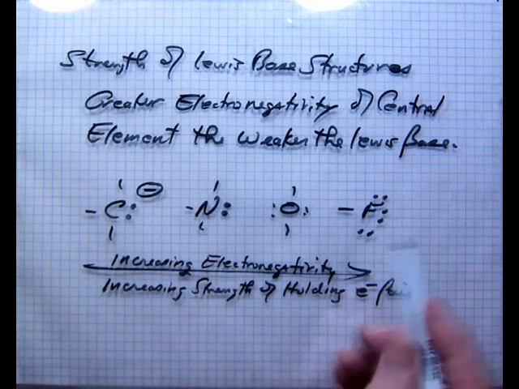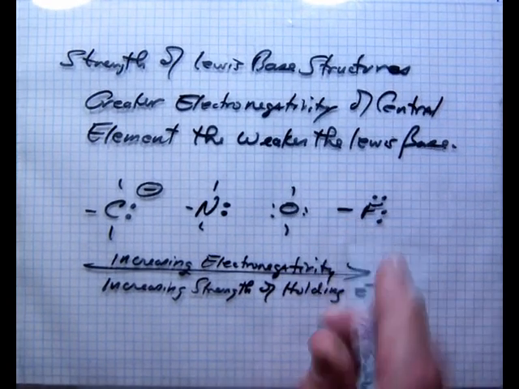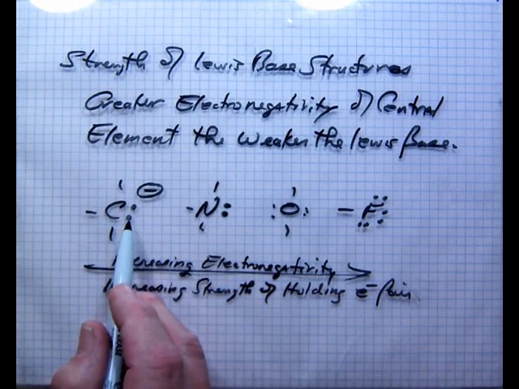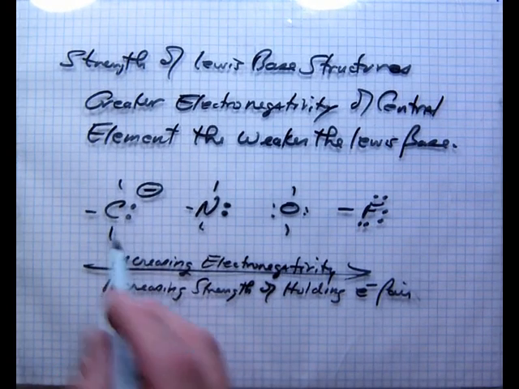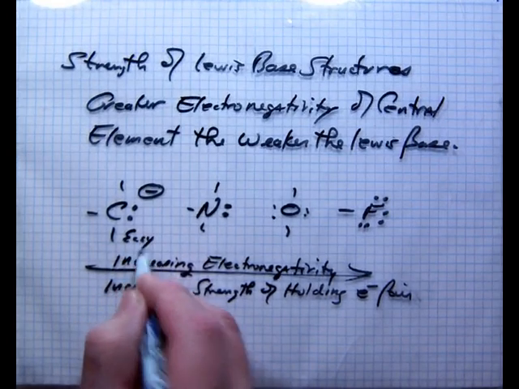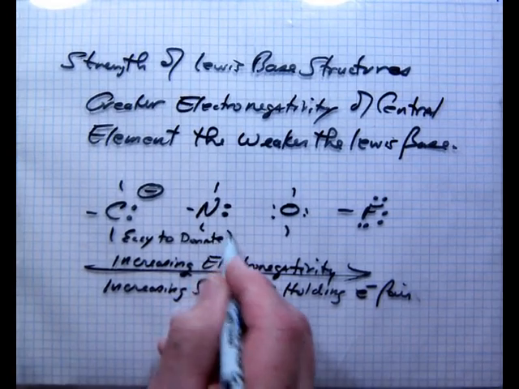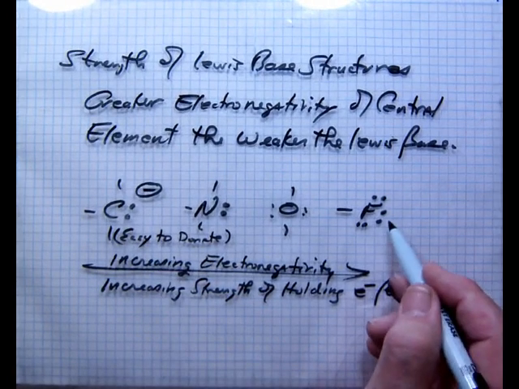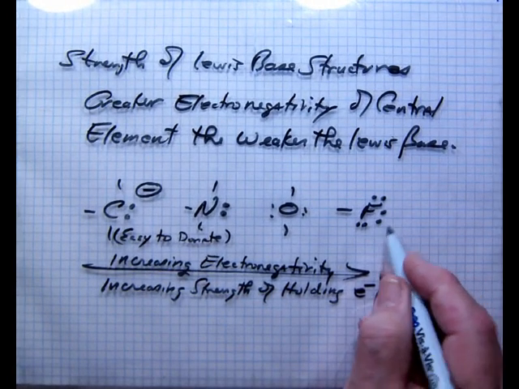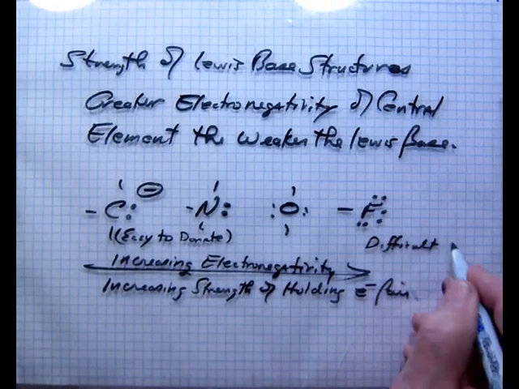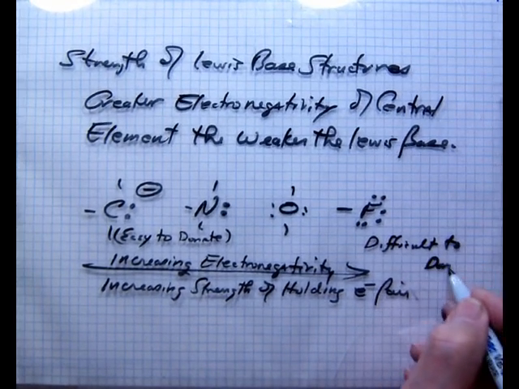In other words, the electron pair on carbon down here would be donated very easily. And the electron pair on the fluoride down here is difficult to donate.